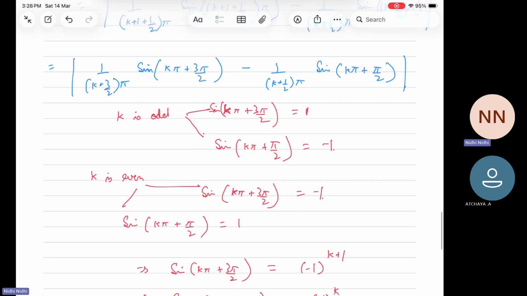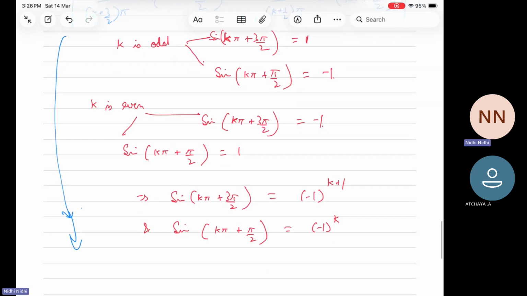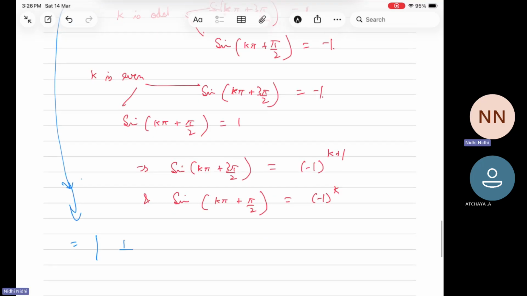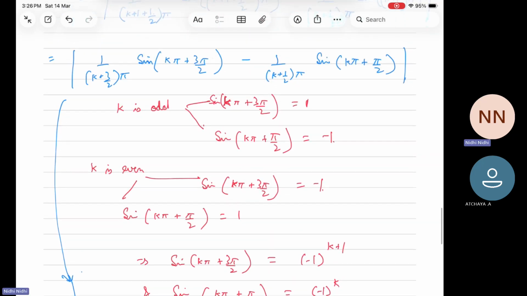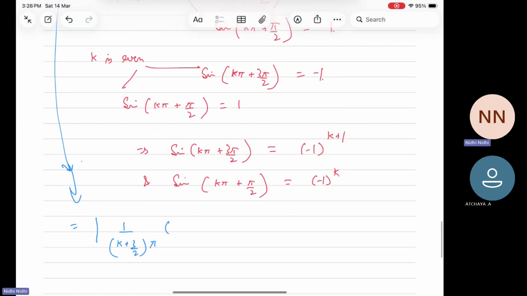So from here we get, this is equal to mod 1 upon k plus 3 by 2 pi, and sine k plus 3 pi by 2 is just minus 1 to the power k plus 1, minus minus 1 to the power k upon k plus 1 by 2 pi.